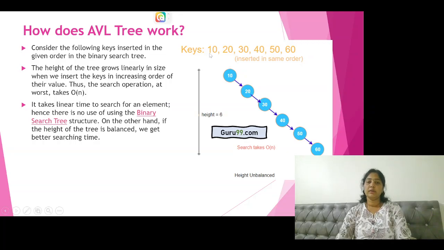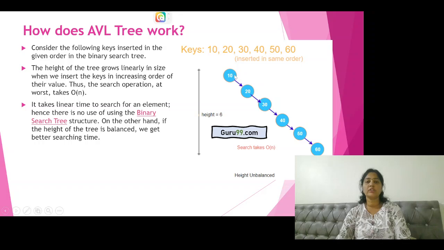Now, these are the keys 10, 20, 30, 40, 50, 60, which are inserted. First 10 will be inserted, then it will be the root node. Then when we insert 20, we'll compare with the root node whether it is less than or greater than. Yes, 20 is greater than 10, so it will be inserted on the right side.